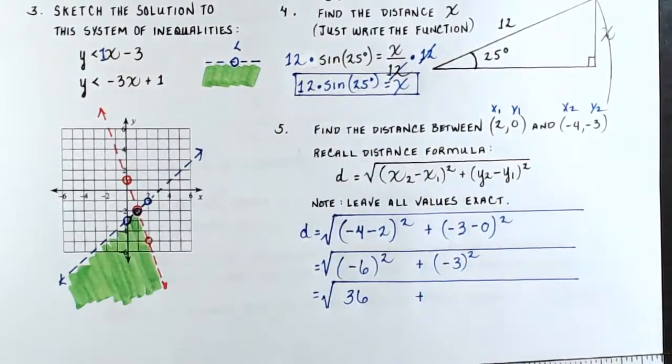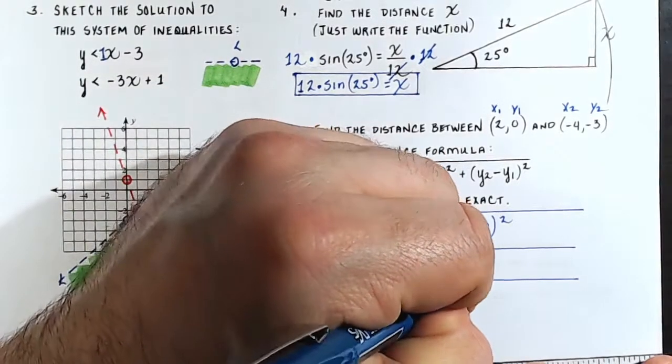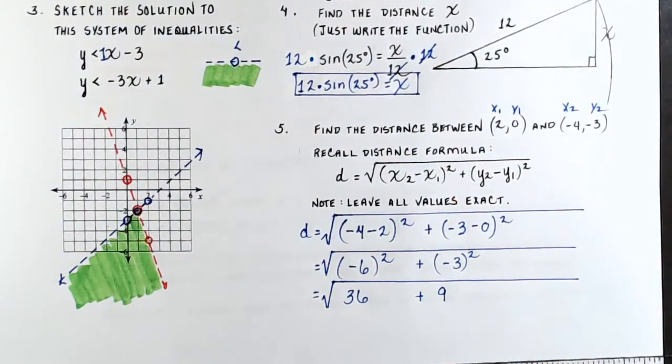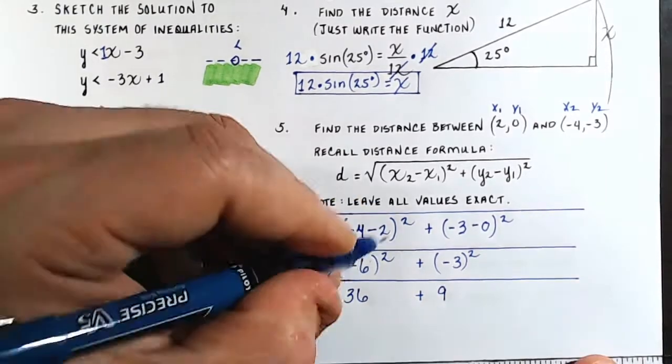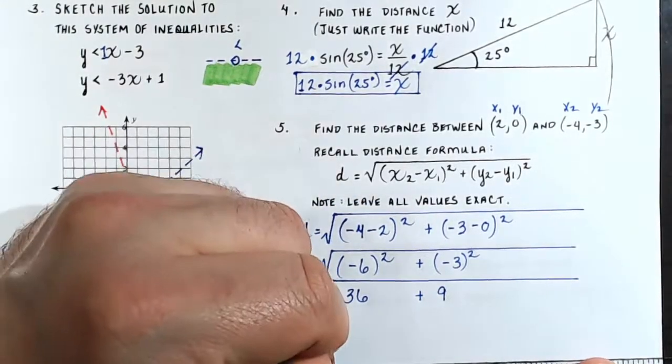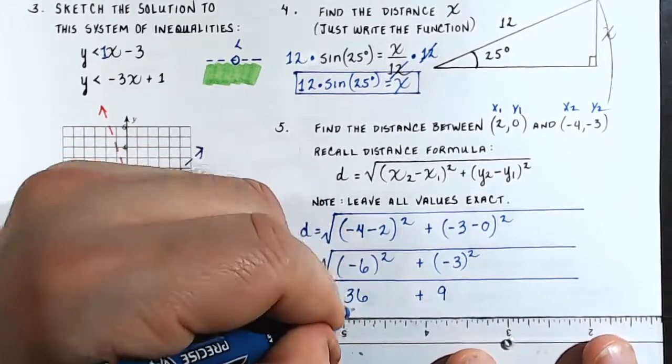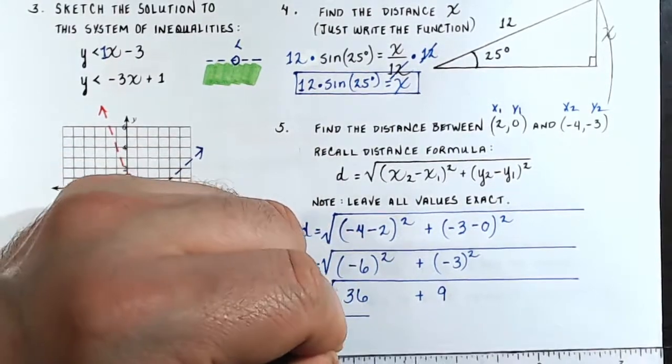Plus negative 3 times negative 3 is positive 9. And negative 3 squared would be then positive 9. So I have here plus 9. Now we need to do 36 plus 9. Well, 36 plus 9 would be 45. So the current state of the problem is now square root of 45.